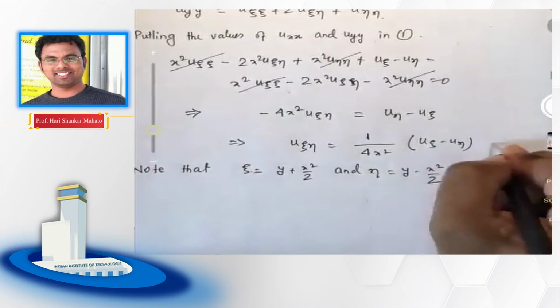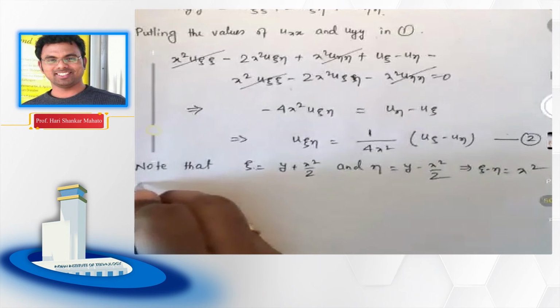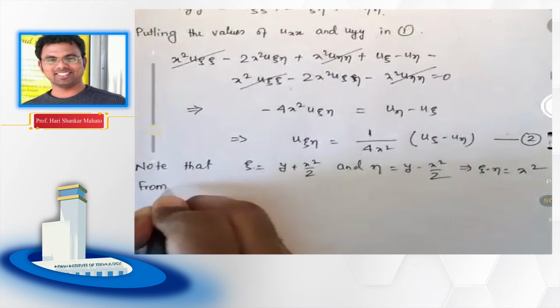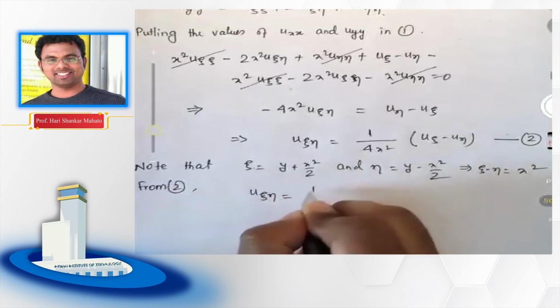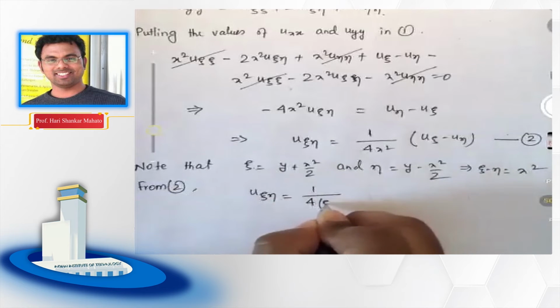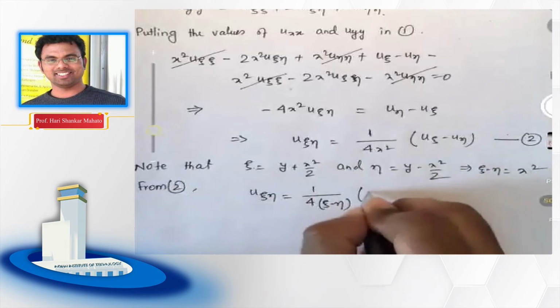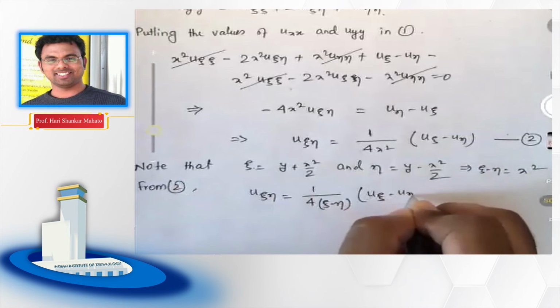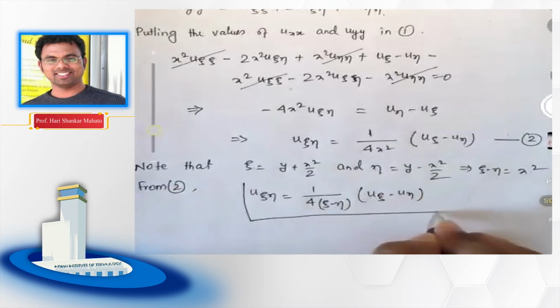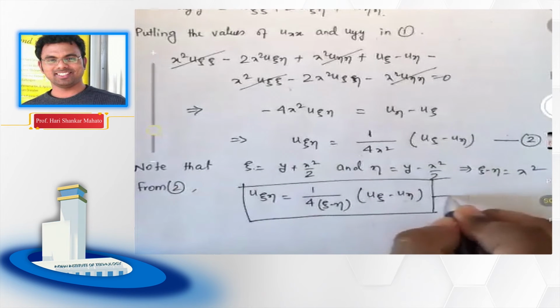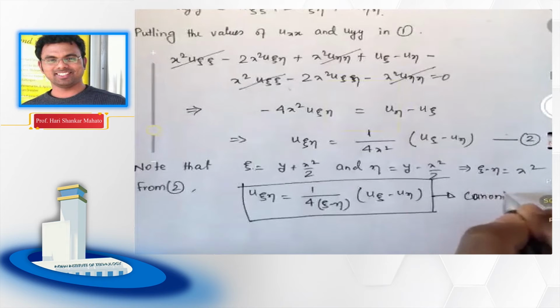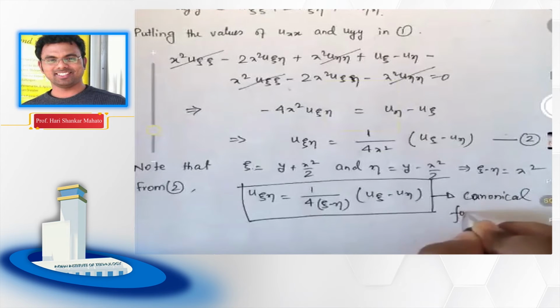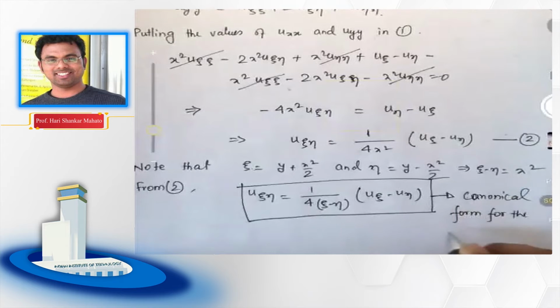And therefore, from relation number 2, what I will have is u_xi eta equals 1 by 4 (xi minus eta) times (u_xi minus u_eta). And this is your required canonical form. This is called the canonical form for the PDE 1.